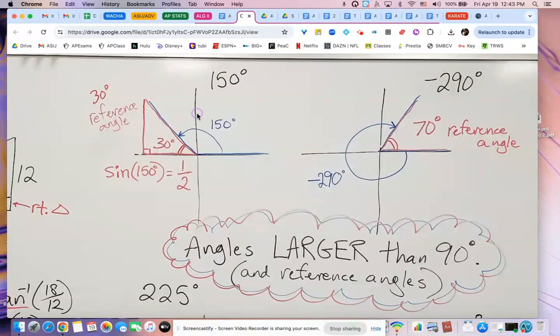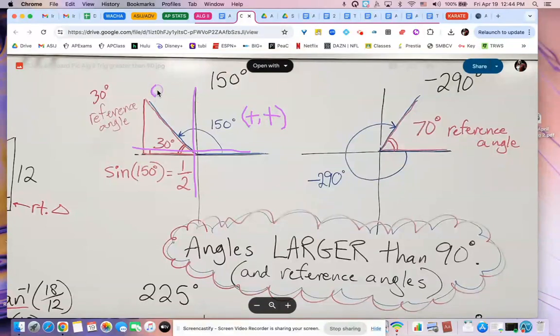We have to keep track of, is this base a positive length or a negative length? And is this side a positive height or a negative height? And I'm kind of looking at this like it's a coordinate plane, right? Points over here are positive, positive. Points over here are negative, positive.